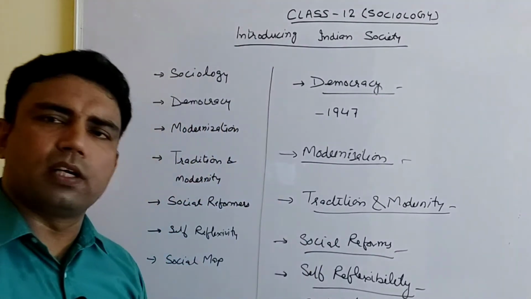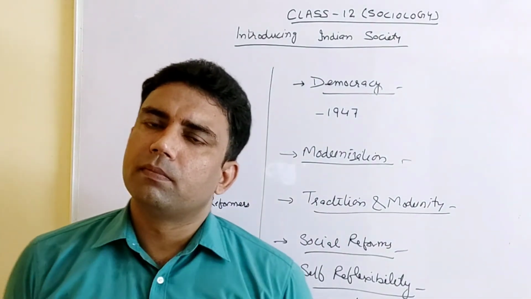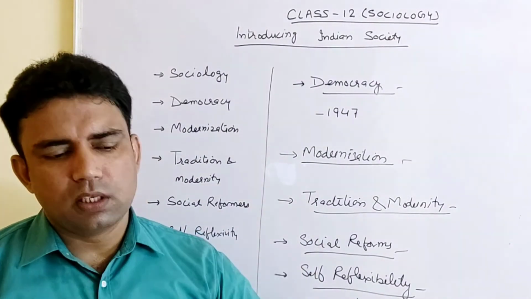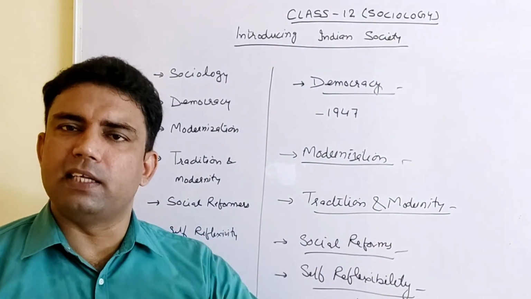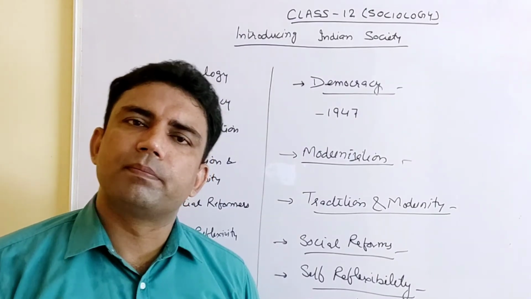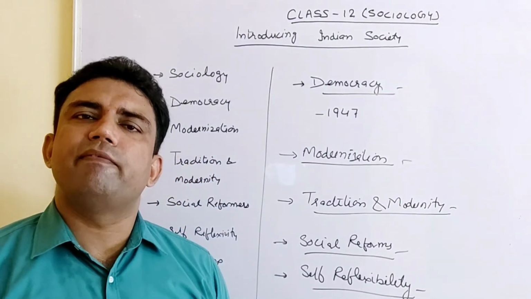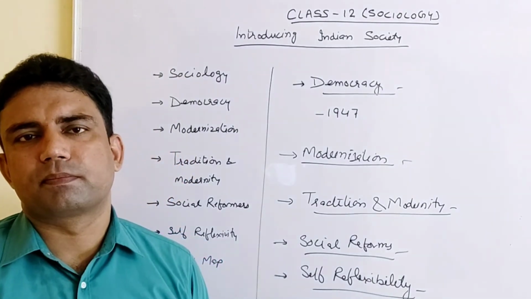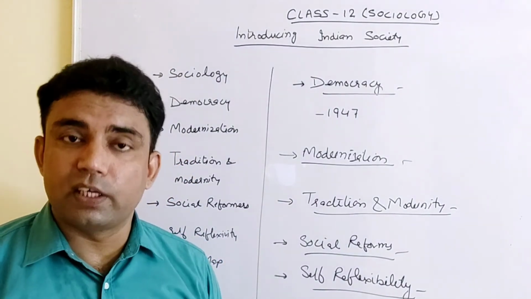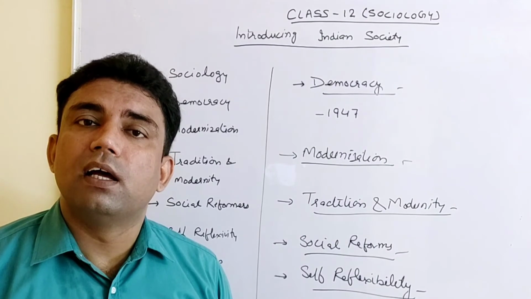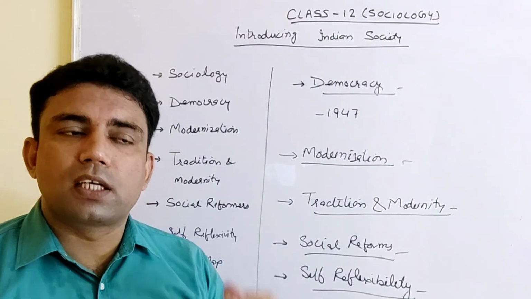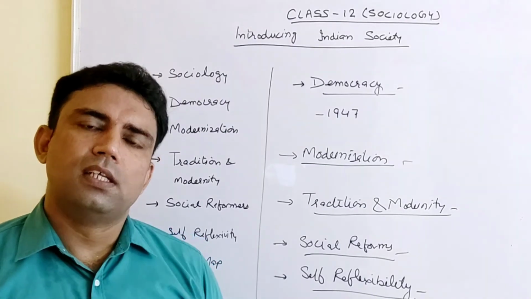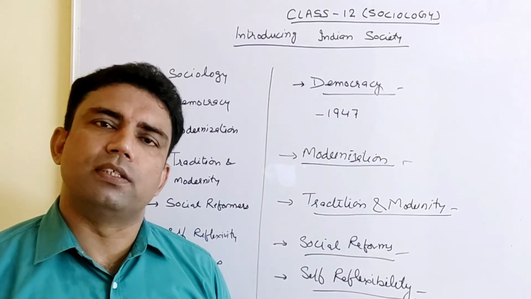You may have seen geographical map, political map, physical map of a country, which shows rivers, mountains, plains and deserts and all. The same way sociology makes social map of the society. What it has? It has the castes, it has the class, it has the religion.